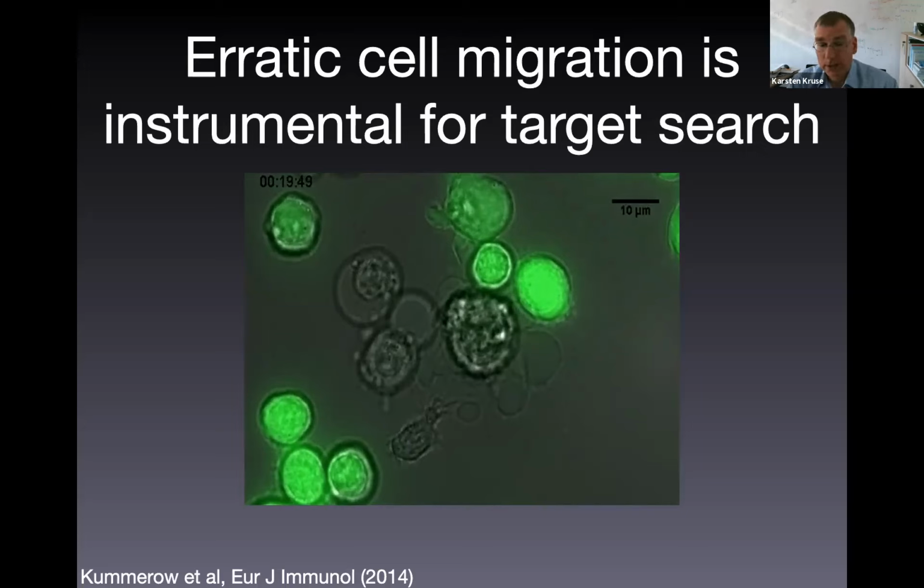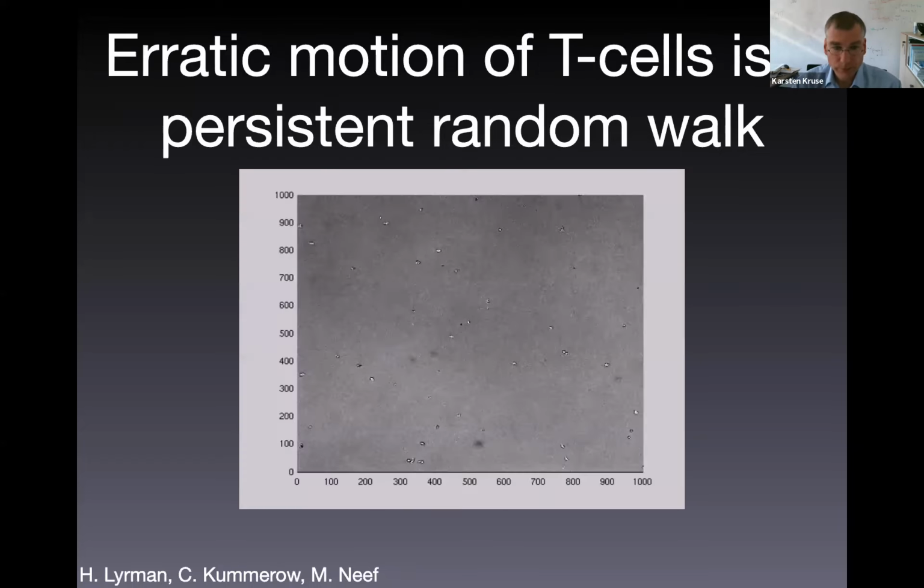Importantly, if this erratic movement were just due to stochastic effects of molecular noise, then these cells wouldn't have a way to control this random movement. So the question is, maybe there's some other mechanism generating this movement that the cell can adapt so that in different environments it can perform different kinds of random walks.